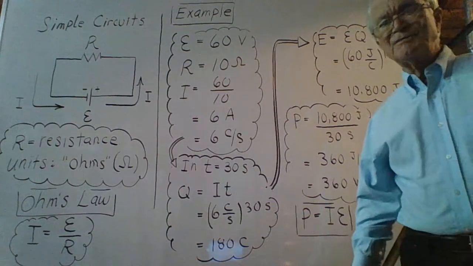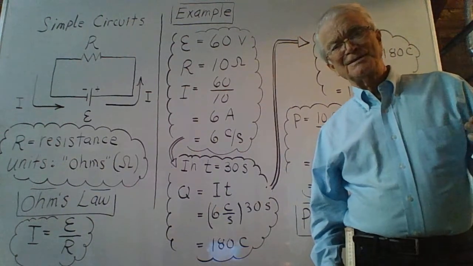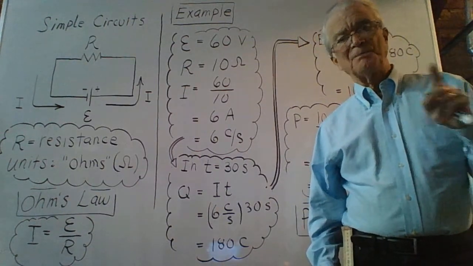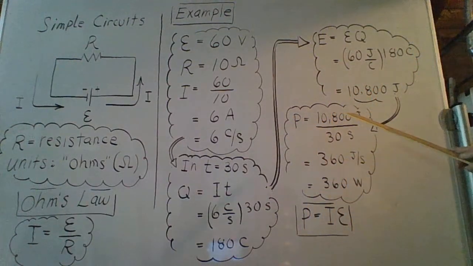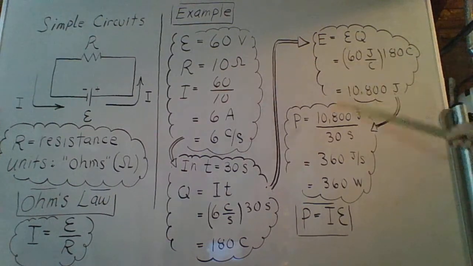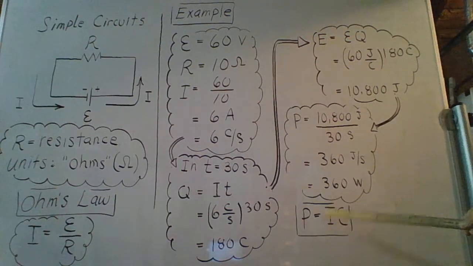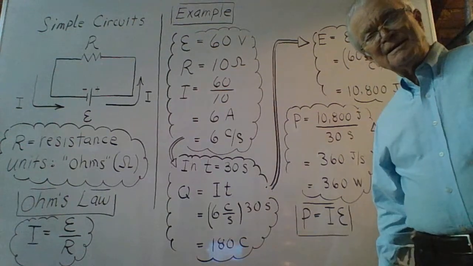Now, maybe you even recall that a joule per second from the old days is a watt, a power unit. Final result is that the power output of our battery is 360 watts.